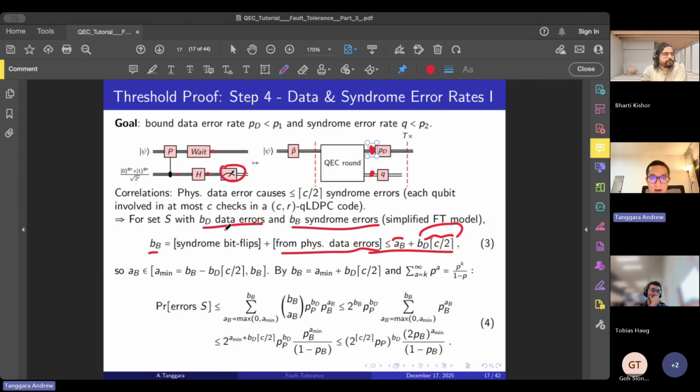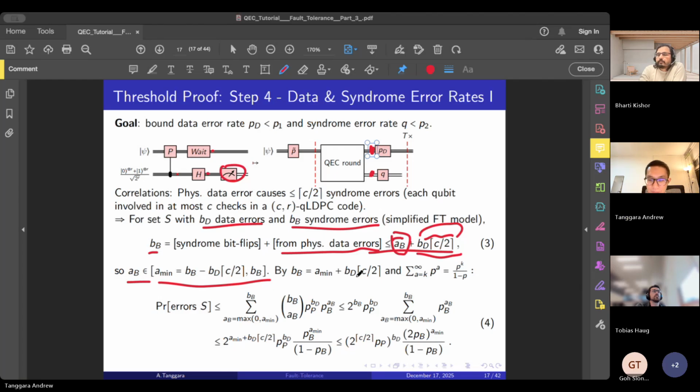So the number of syndrome errors is the actual measurement errors plus data errors. That's basically what we get, and this number AB only falls in this interval.